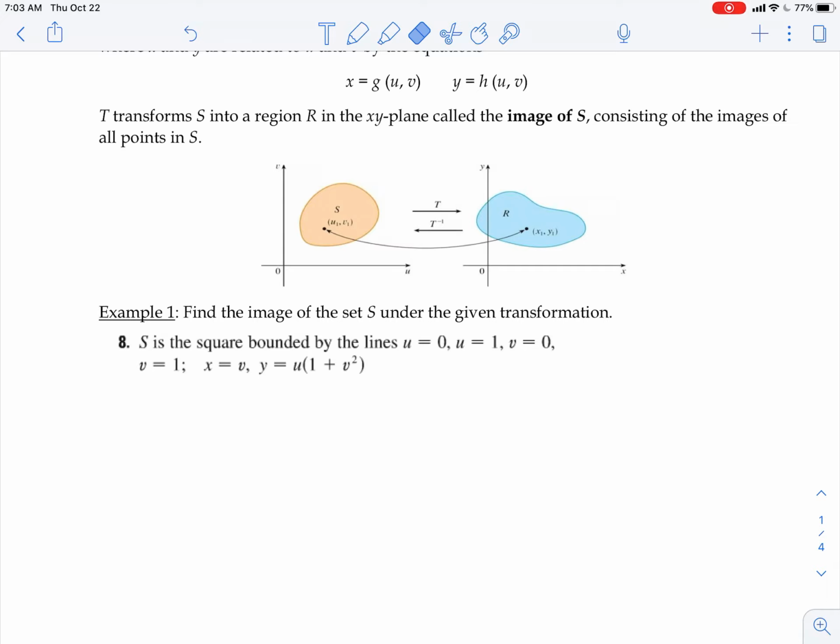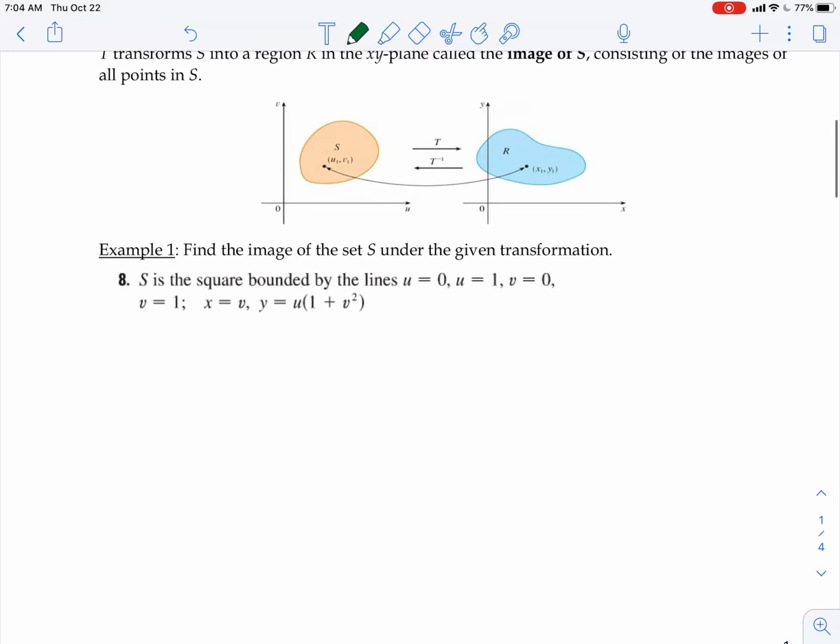Usually we start with a region, which we call R, and we translate that region R into a region S. And that region S is what we're going to integrate above, because it would be easier to integrate with respect to. So we're given S, and we want to find the original region that we were working with.